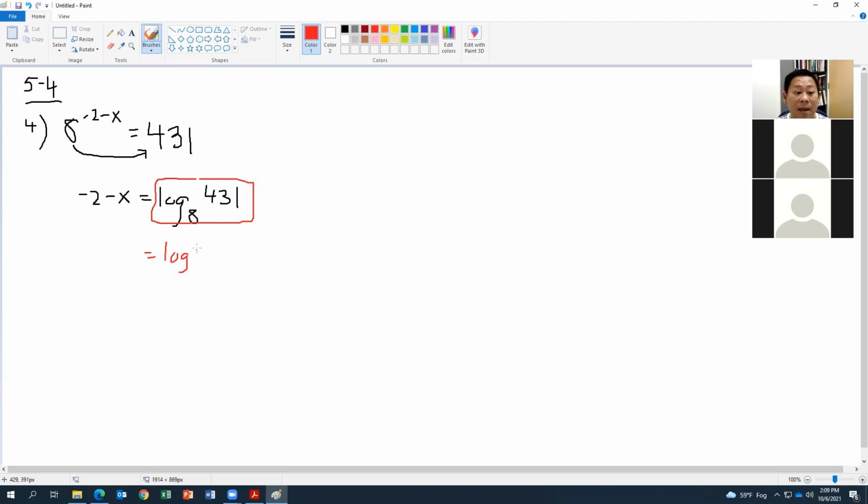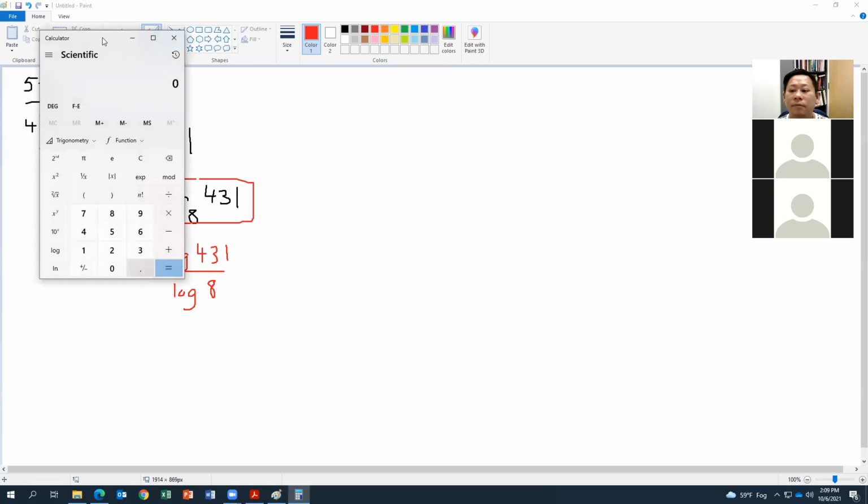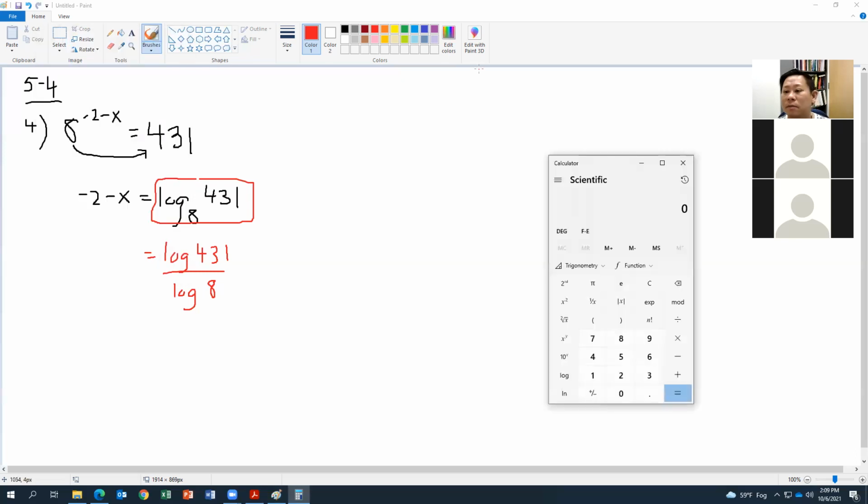You can use base 10 or you can use ln, it doesn't matter. Go ahead, take out your calculator and figure out what this number is.